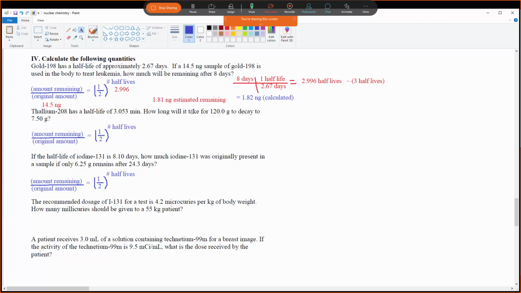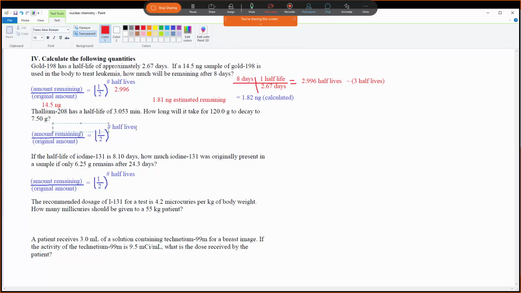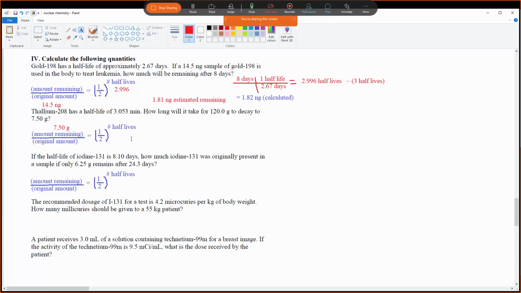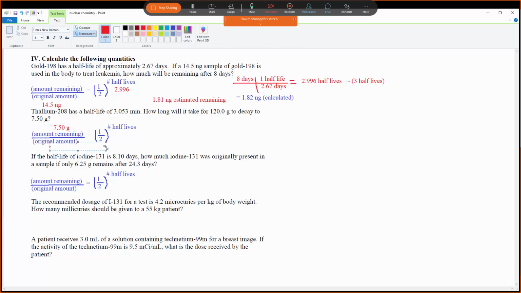This is how long is it going to take for that to decay, and this is a little bit trickier. So here they've given us both the amount remaining, 7.5 grams, and the original amount, 120 grams.